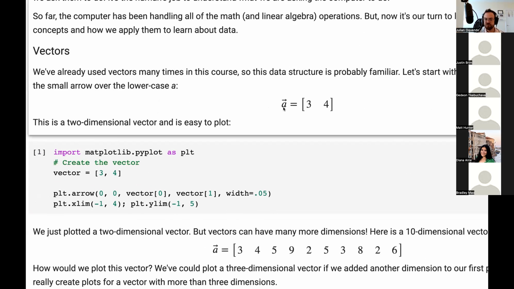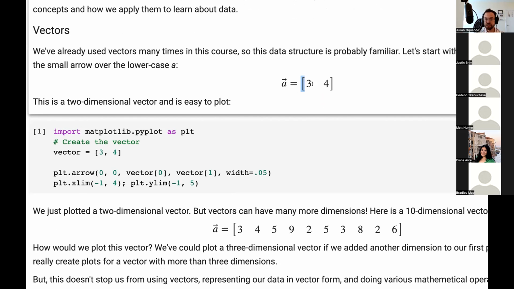You see the syntax for a vector represented as a lowercase value, in this case a lowercase a with an arrow over it. And then it is identified with the square bracket syntax with your values included as two numerical values. Because it has 2 numbers in this scenario, it is a 2-dimensional vector.